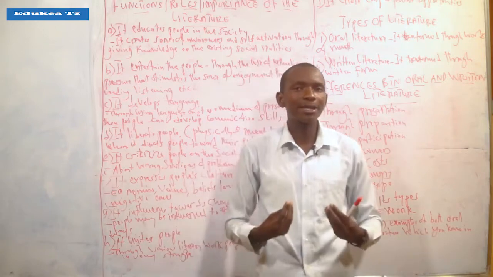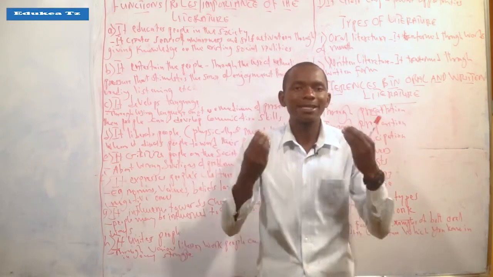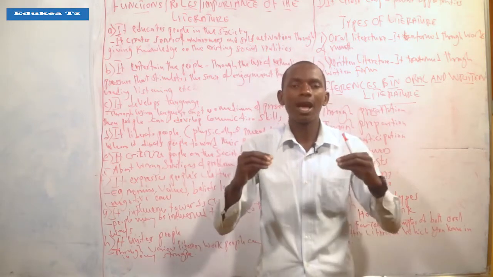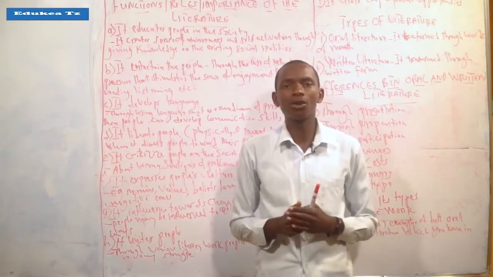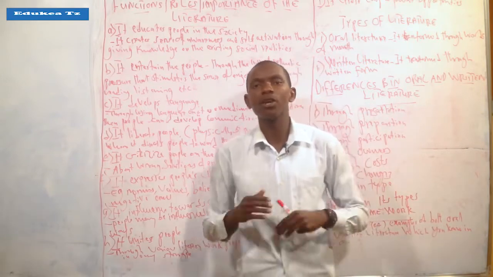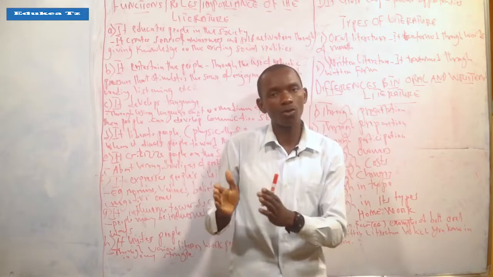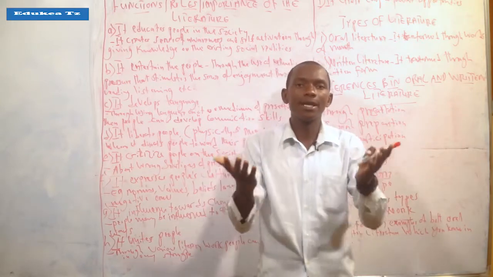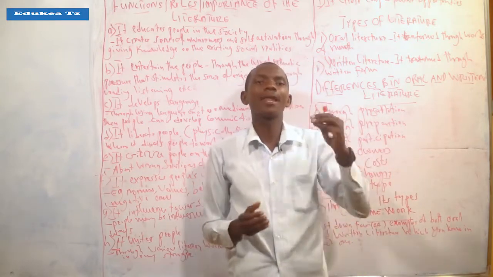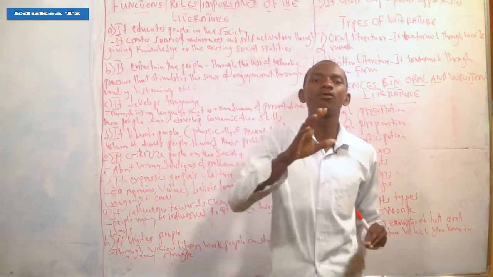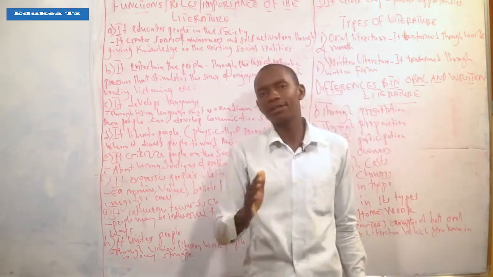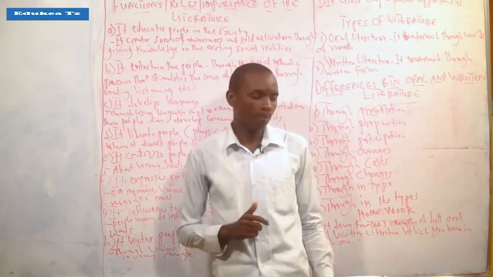We may get a lot of knowledge and experience about different activities or how to perform a certain task. So literature has that role which can be played in the society where that literary work has been intended to be delivered. That is the first function of literature.